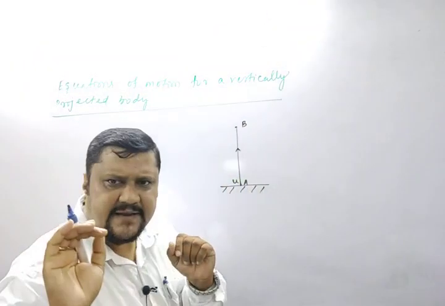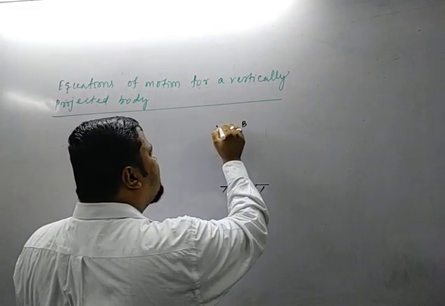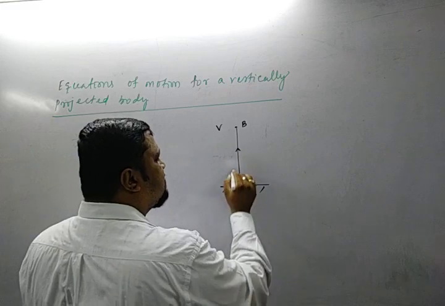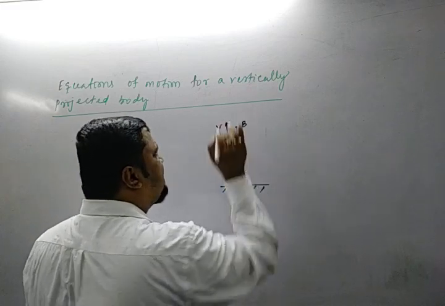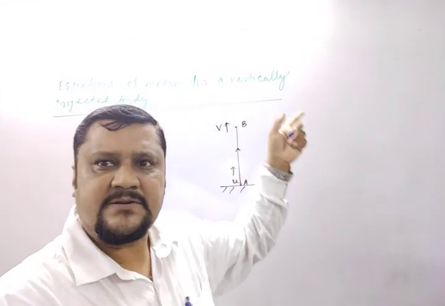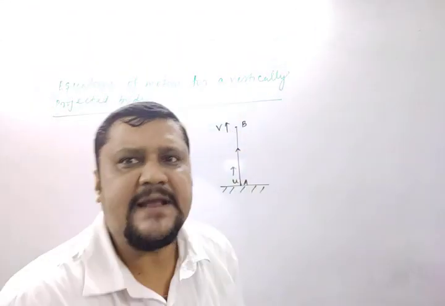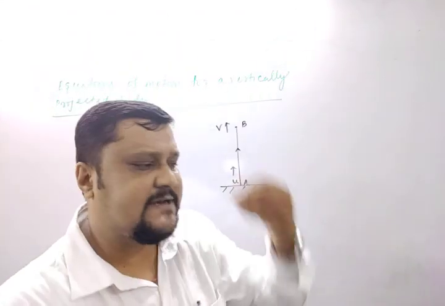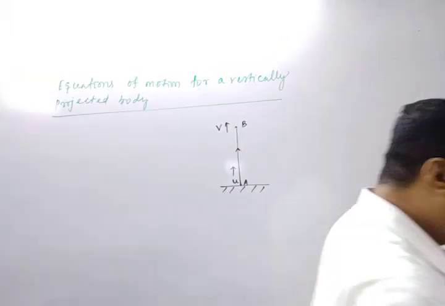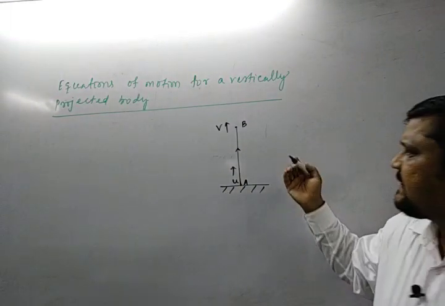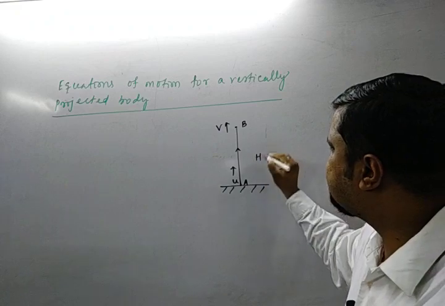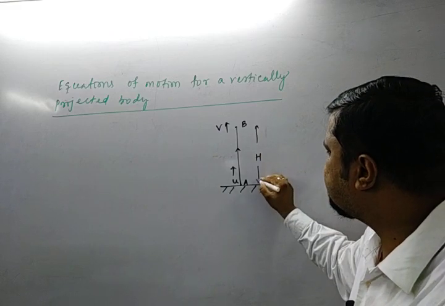Let the body at the point B have a velocity v. So this is u and the body has a velocity v here. It has not reached the maximum, but I am considering point B during its motion vertically upward. And obviously the height is h.